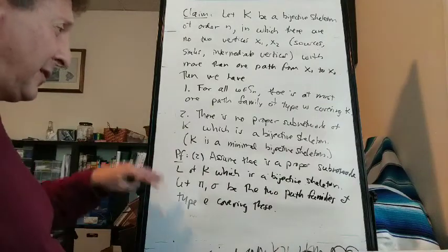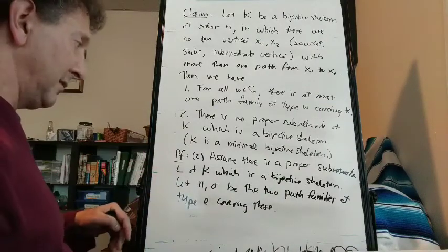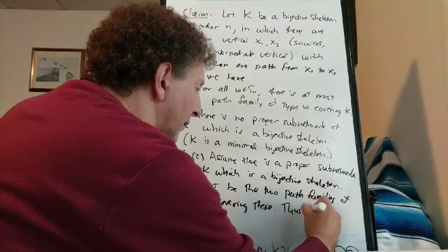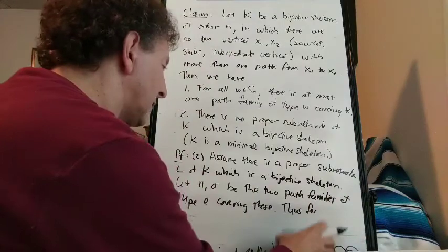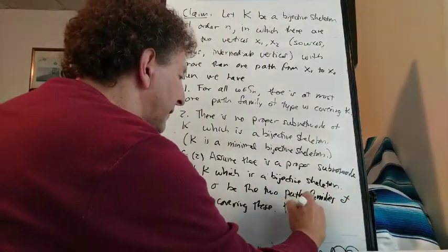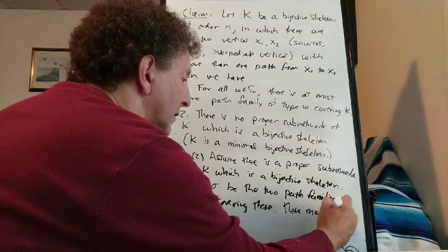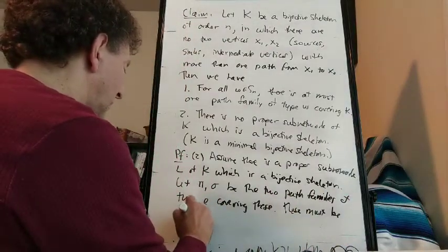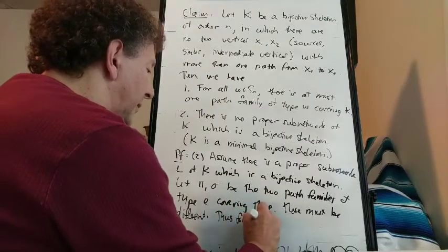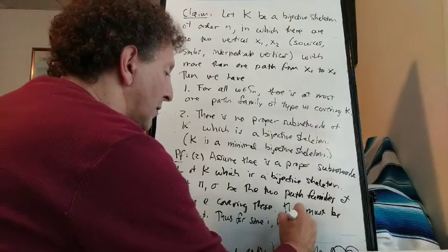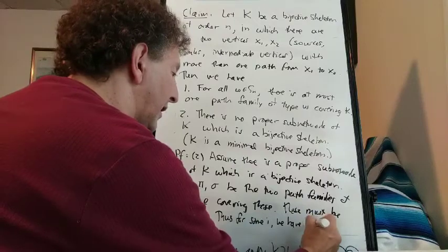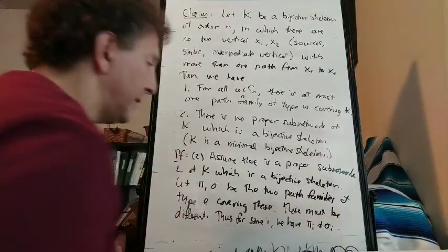Now, since they don't cover the same bijective skeleton, they can't be exactly the same. So these must be different. And that means for some i, we have pi_i not equal to sigma_i.